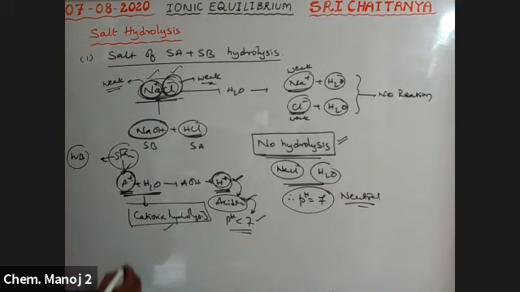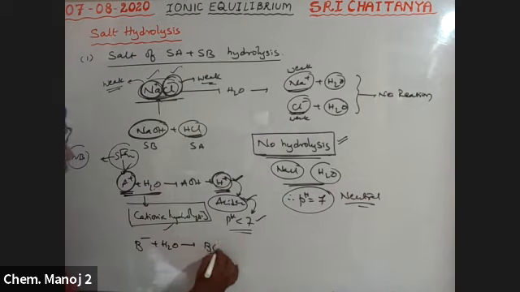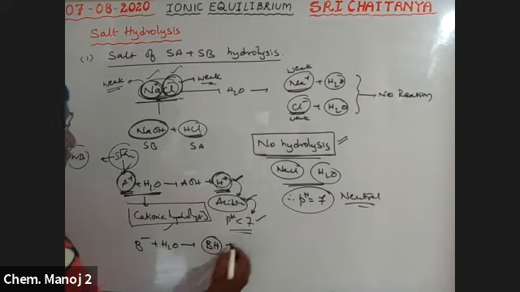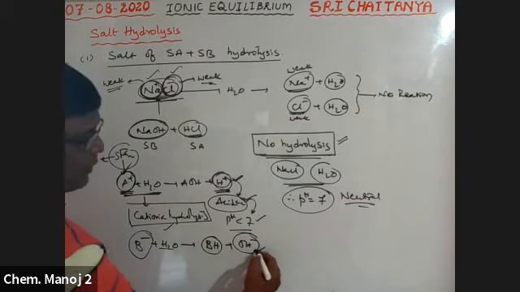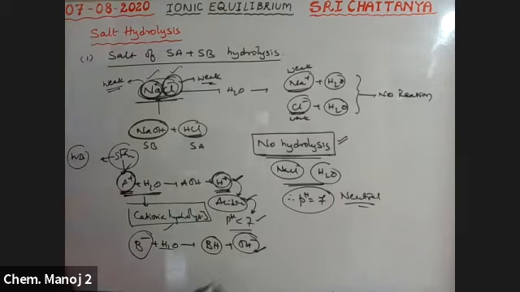Similarly, whenever an anion reacts with water, that gives HB plus OH minus ion free. Therefore, when an anion reacts with water, free OH minus ion enters the solution.